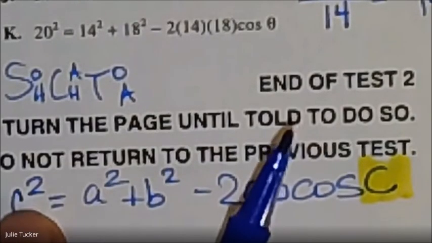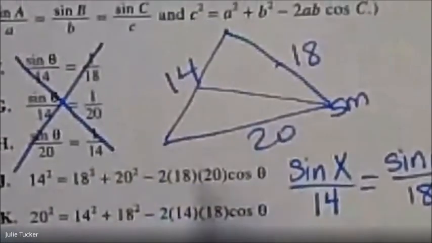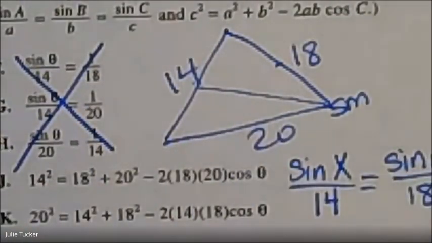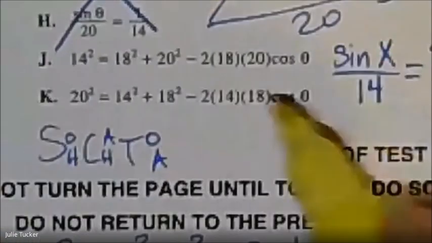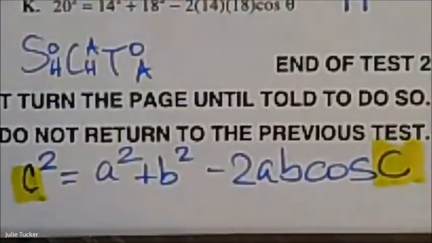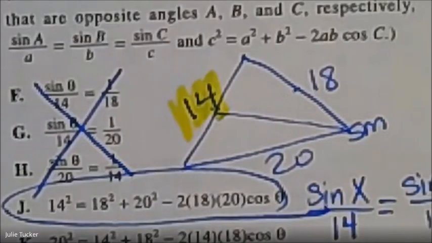This is the side opposite from this angle. So the side opposite from the angle they want us to solve for is 14. So 14 has to be the number that's right here. So I know the answer is this one, because that's the one that has the side across from the angle they want you to solve.